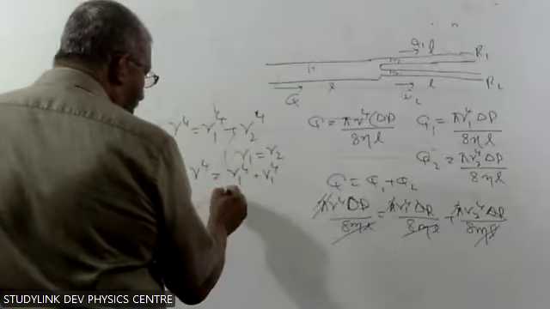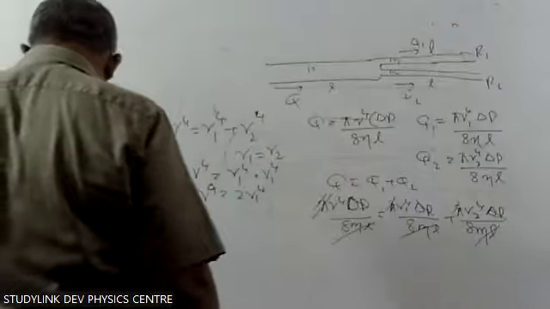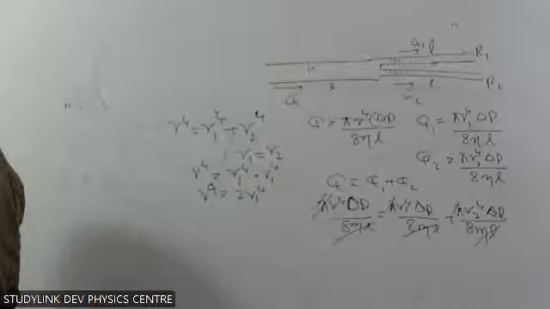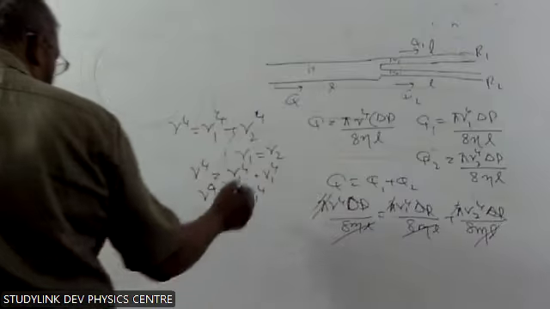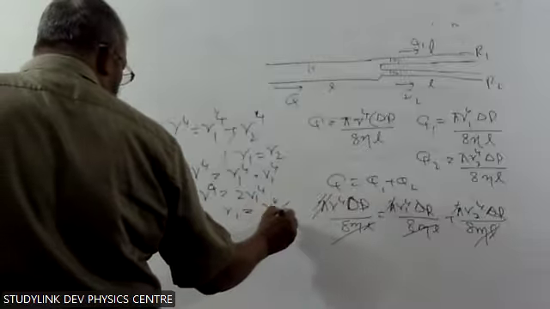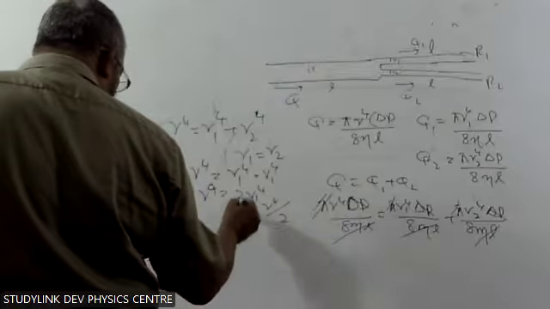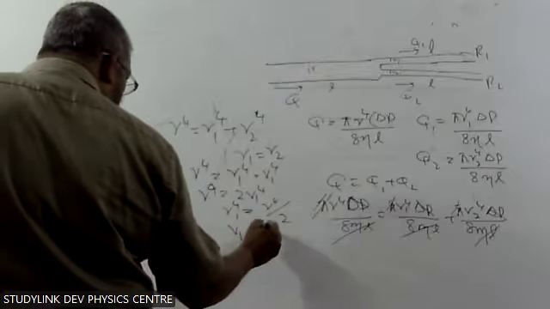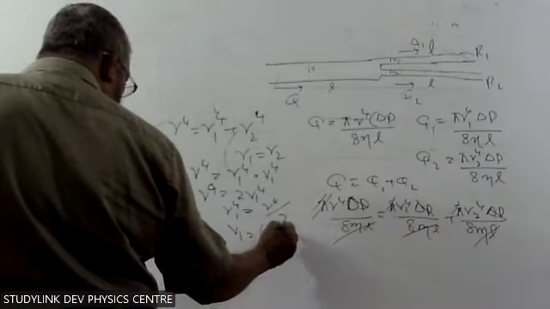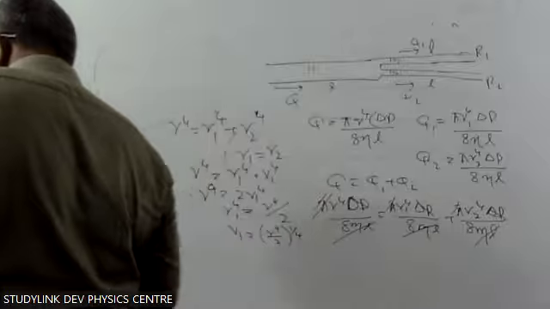Both are equal, so R to the power 4 is 2 R1 to the power 4. Then you have to find R1, which is R to the power 4 divided by 2, to the 1/4 power. Substitute the values. You have to use log to solve this.